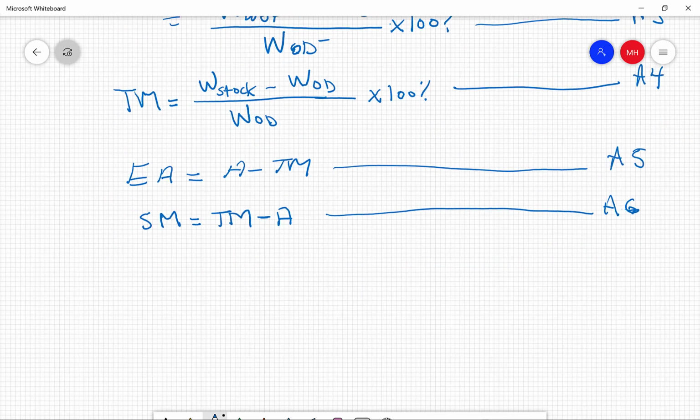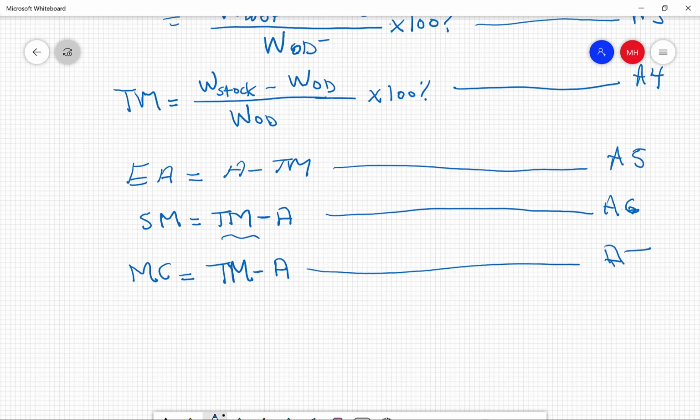Or actually, when the total moisture is measured on wet aggregate, or expressing this in general terms, the moisture content of the stockpiled aggregate is given as follows. This is the moisture content in general for stockpiled, or the total moisture for a wet aggregate. This expression will be used, which is the total moisture minus the absorption, and that will be equation A7.